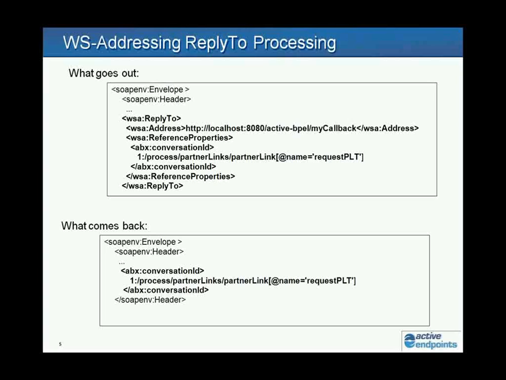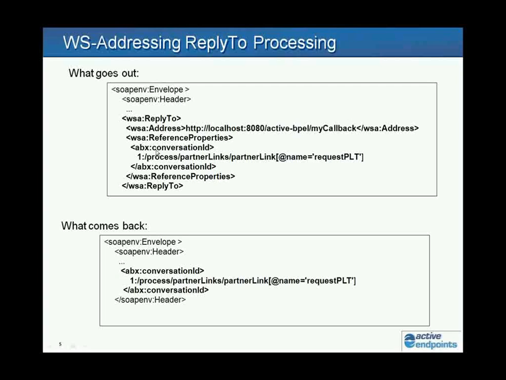What a reference property is in WS-Addressing is something that says something goes here, but whoever receives a WS-Addressing message has to guarantee that any reference property will be reflected back, and the contents of this reference properties element will be put directly as headers in the incoming SOAP message.